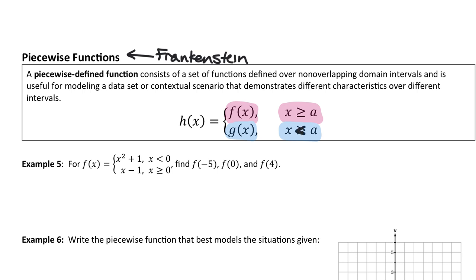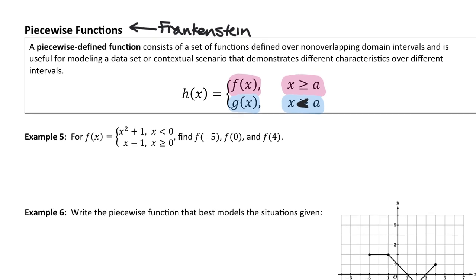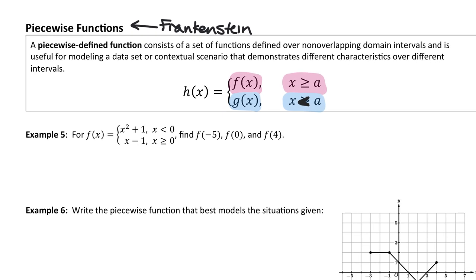This should be a less than sign. So it tells me that when my input values are less than a particular number, that blue graph is in charge. And then once the input values are bigger than a certain number, we switch to another one. So we're going to have a Frankenstein graph with multiple parts of a graph taking over at different intervals, at different domains. They're called piecewise defined functions. I like to call them Frankensteins.